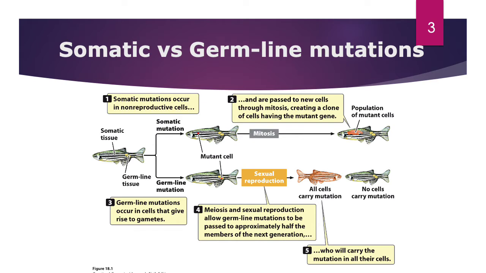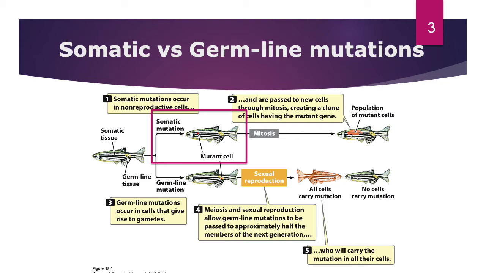Let us look at an example of somatic versus germ-line mutations in a fish. In the case of a somatic mutation, there's been a change in the DNA in one of the somatic cells, as shown in the box.